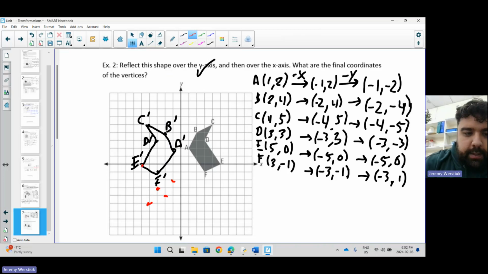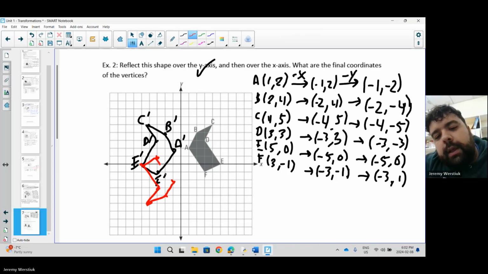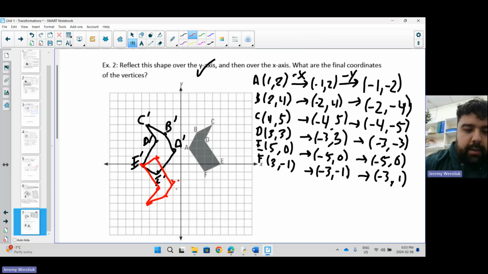My E is not going to change spots. And then my F is now going to be up there, my F double prime. So from A to B to C to D to E to F and all the way back to A.